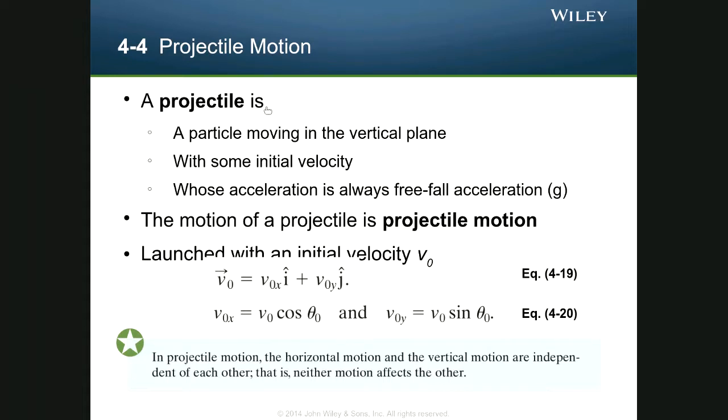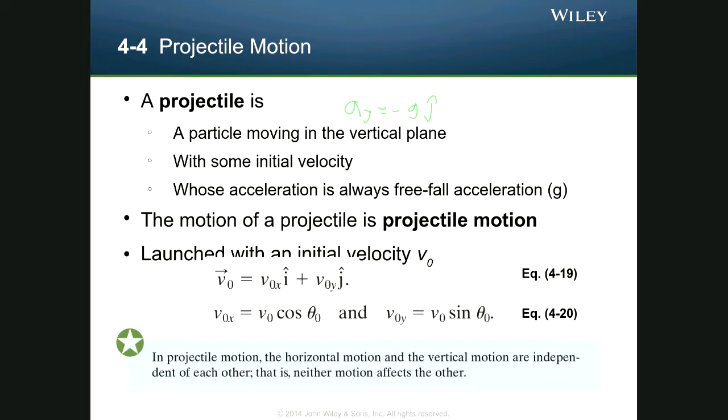All right? All that complex stuff, much like in Chapter 2 in free fall, can be encapsulated in the initial velocity. All right? So projectile motion is a particle moving in the vertical plane with some initial velocity whose acceleration is always free fall acceleration. So the way to look at this is that when we construct the acceleration, A_y will be equal to minus g j hat, right?